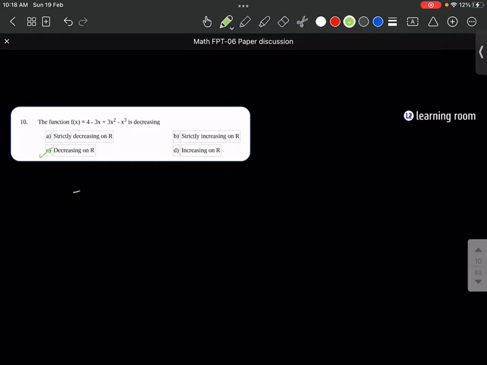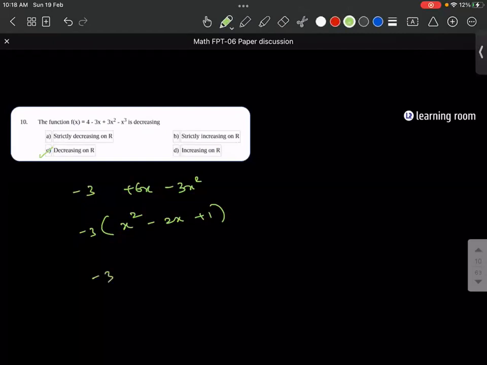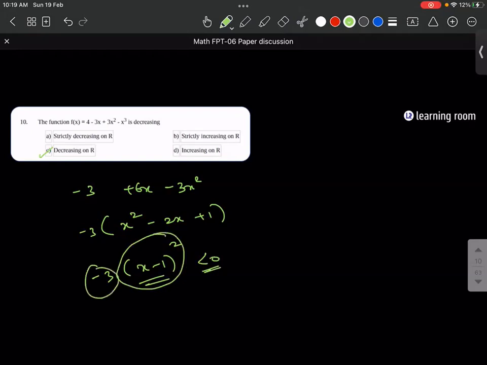Basically, you differentiate it, so you get minus 3x plus 6x minus 3x square. If you take out minus 3 outside, you will get x square minus 2x plus 1. Actually, sorry, it's not 3x, it's 3. Okay. So minus 3 into x minus 1 the whole square. If you see, it is always less than 0 for whatever value you substitute, because there is a perfect square with a negative sign. Correct?